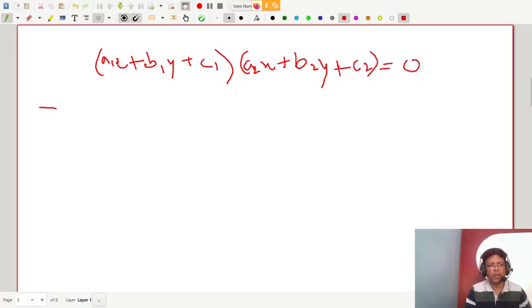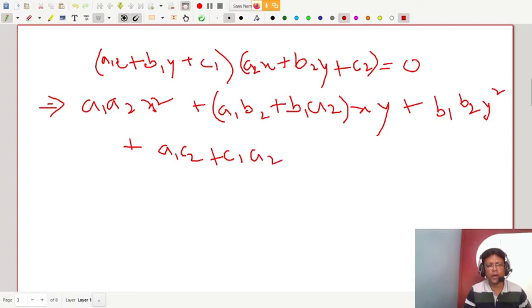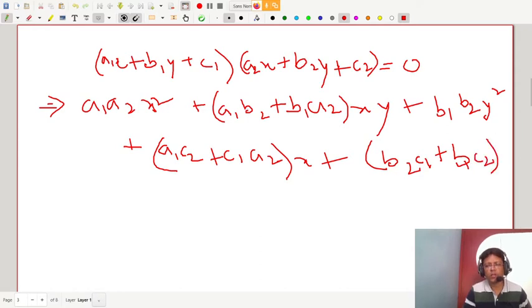So if you multiply, it will be a1a2 x squared, plus a1b2 plus b1a2 times xy, plus b1b2 y squared, plus a1c2 plus c1a2 times x, plus b2c1 plus b1c2 times y. And lastly, you have c1c2, the constant term, equal to 0.